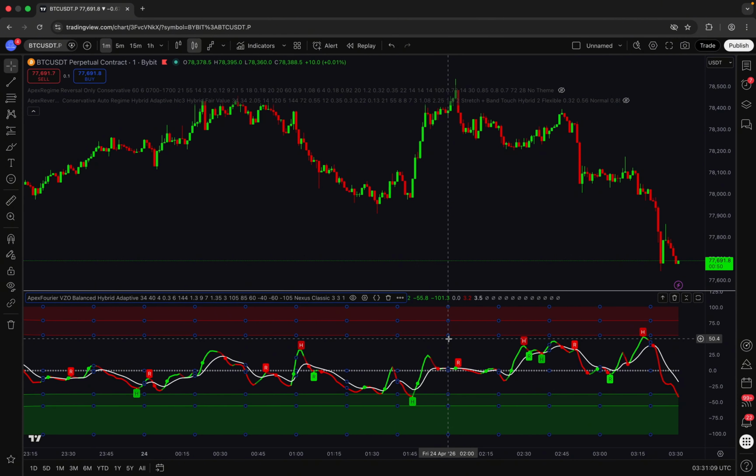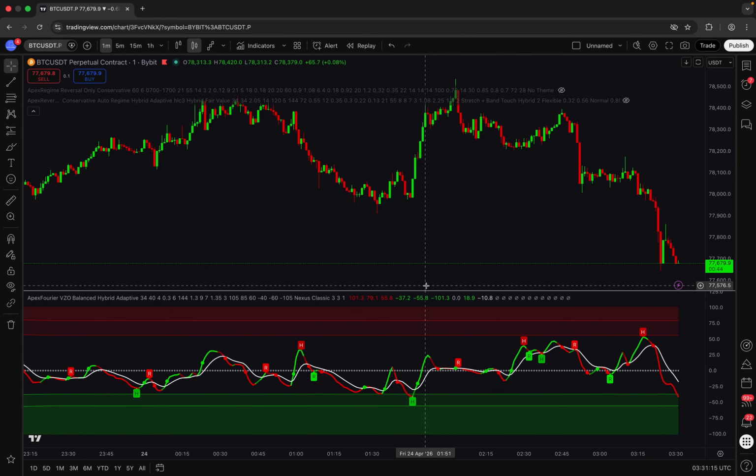But the reason we made Apex Fourier VZO is when you get a buy or sell signal from two of our other indicators, you can check on Apex Fourier VZO to check if the market is bearish or bullish. So you can get a sense of the market so you can be more confident on the trades you take.